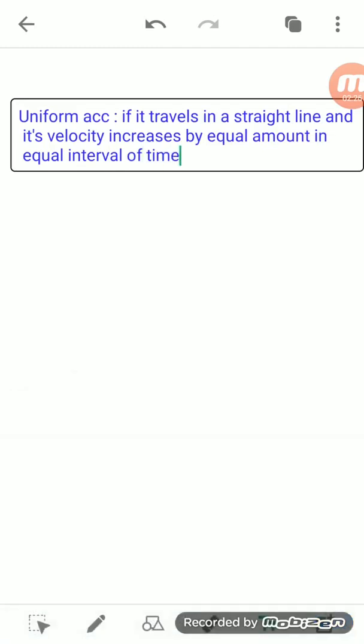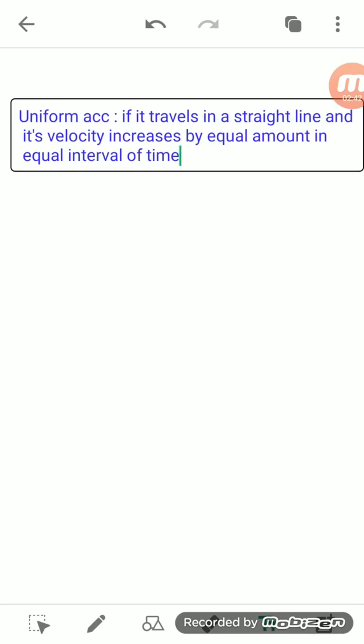So you see, uniform acceleration is when a body travels in a straight line and the velocity increases, and the increase in velocity occurs by an equal amount in an equal interval of time.